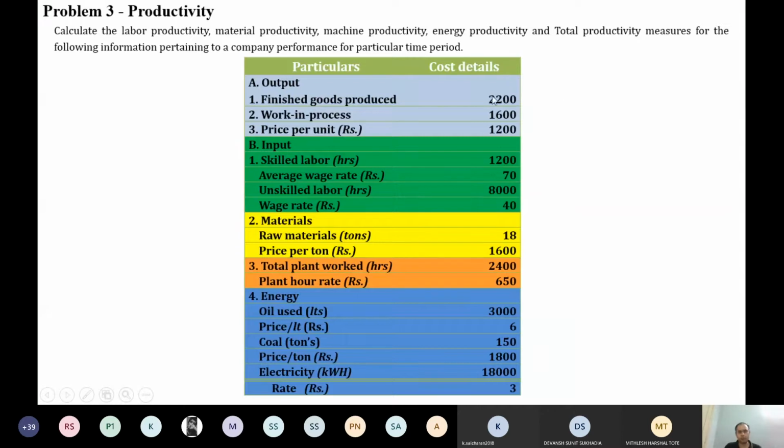What is this work in process? This work in process is the items which are under production, for which the manufacturing activity, the value addition activity, is not completed fully. So that we call work in process, or it's like waiting in a queue to get completed.